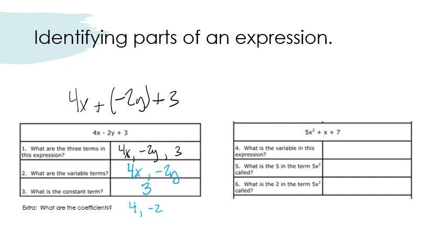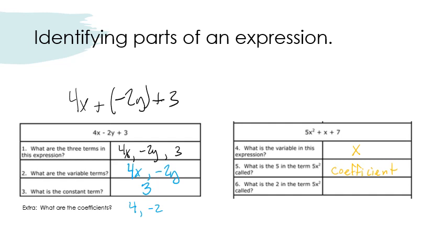All right, we have a second expression, 5x squared plus x plus 7. Question 4, what are the variables in this expression? What's the unknown? x. 5. What is the 5 in the term 5x squared called? That is the coefficient. 5 is the coefficient of that term. x is a variable in that term.